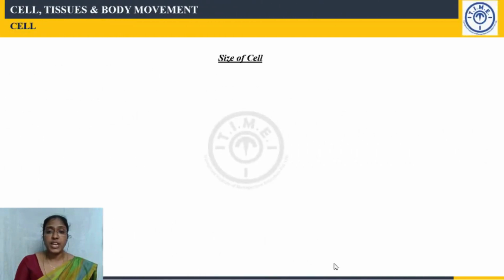Moving on to the next point, the size of a cell. Before going to the size of a cell, what all things have we studied? Who discovered the cell? It was Robert Hooke in 1665. When he observed the cork of a tree, that is the bark of a tree, through a primitive self-made microscope, he was able to see little compartments, and he called it a cell.